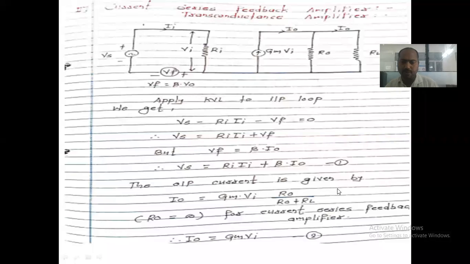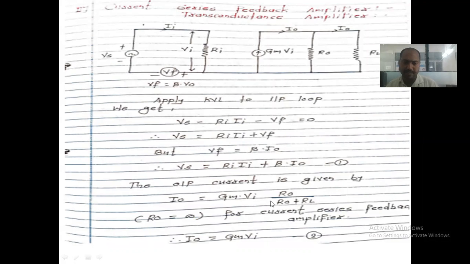Okay, the output current is given by, for that purpose we are applying the voltage divider rule, right? So when we are applying the voltage divider rule, it is nothing but R0 divided by R0 plus RL, into the applied voltage, that is Gm into Vi. So Gm into Vi R0 divided by R0 plus RL, right? See, R0 value equal to infinite.